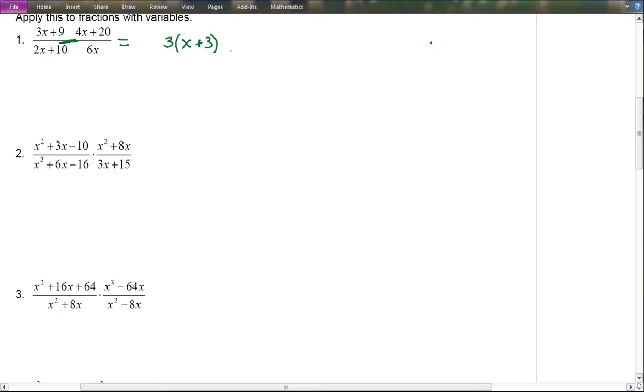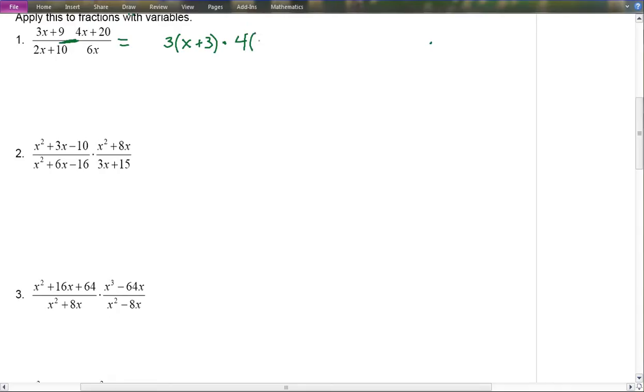For 4x plus 20, I'm going to give you about 10 seconds for you to think about what is the greatest common factor for 4x plus 20. Okay, the greatest common factor for 4x plus 20 is 4. 4 goes into 4x, 4 goes into 20.